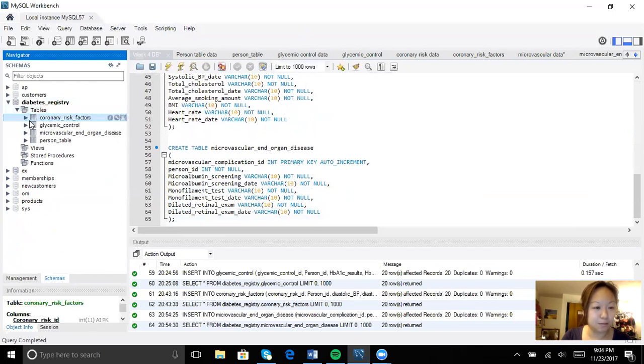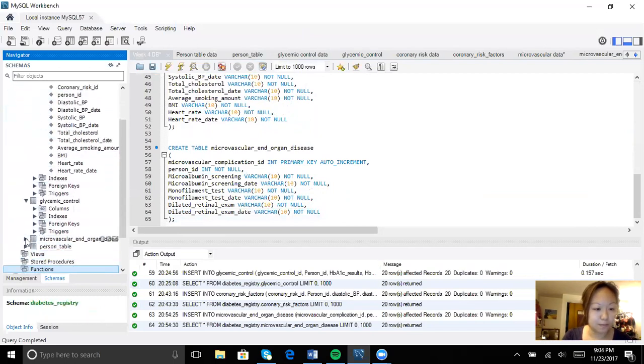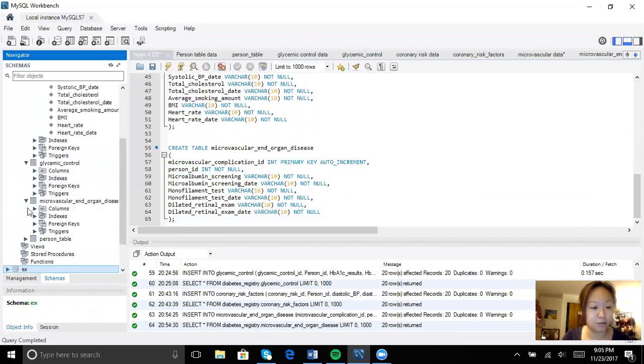And then within each table are the different columns that I specified. But it was definitely interesting to do and using all the skills we've learned in the past few weeks.